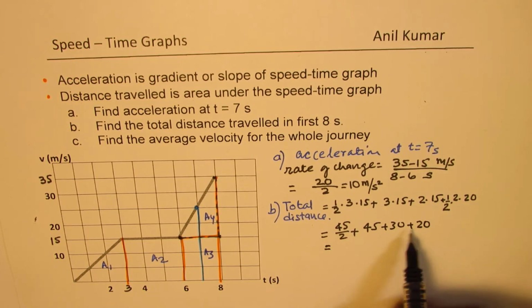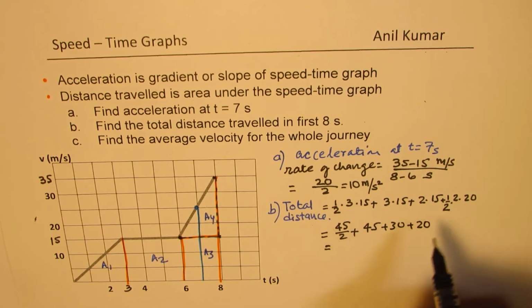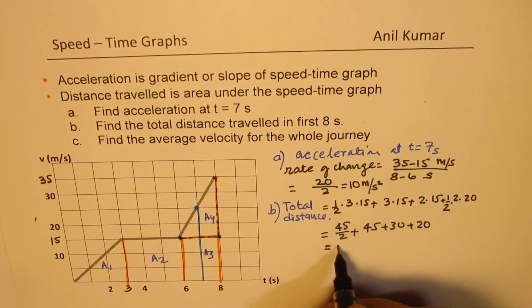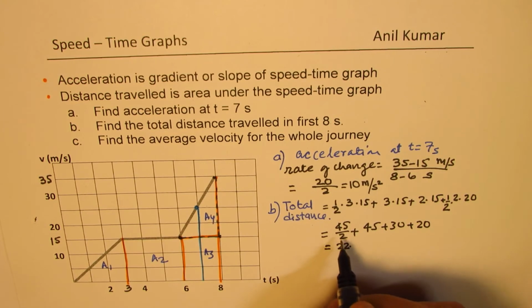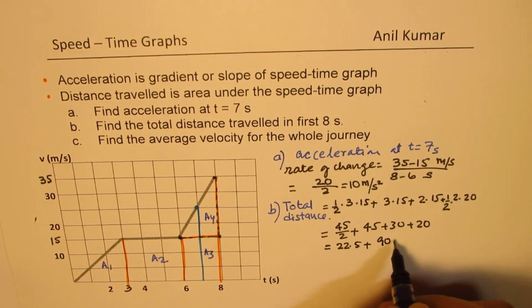So 20 and 30 is 50, plus 40 is 90, plus 22.5. So 22.5 plus 50 and 40.